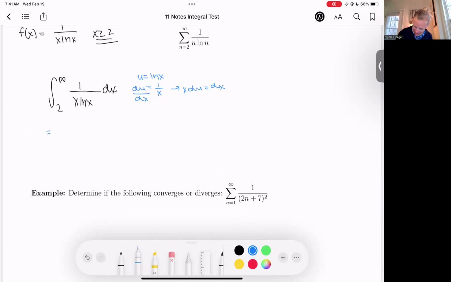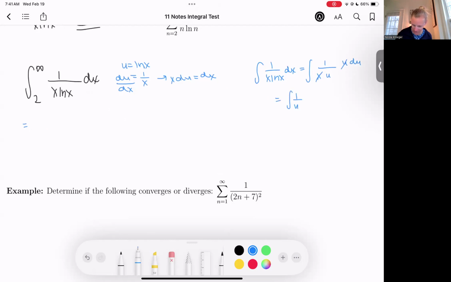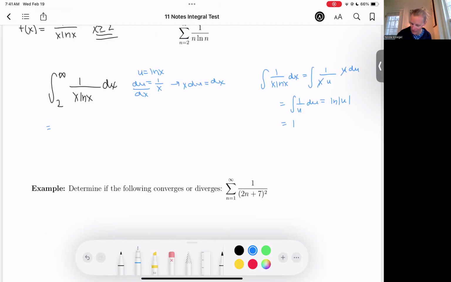When we replace that, and forget the bounds for a second, we're going to have 1 over x times x du over u, so the x's cancel out. So we're left with the integral of 1 over u du, which will give us ln absolute value of u. And when we replace that, we'll get ln absolute value of ln of x. So we've got 2 ln's in there.